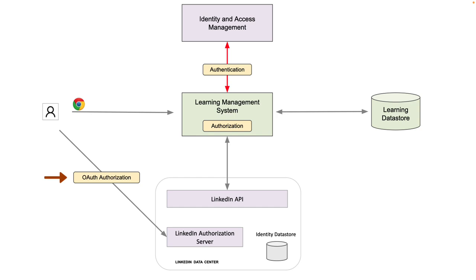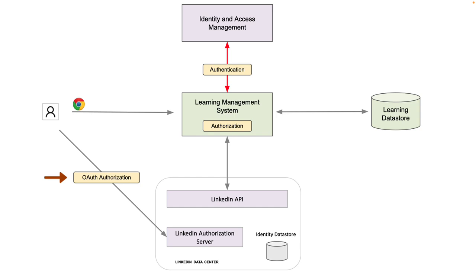But how does the user actually give the authorization? At one point or another, we have actually done this when using Google or LinkedIn or any other social application. LMS will redirect to the LinkedIn authorization server, asking specifically for approval from the user.